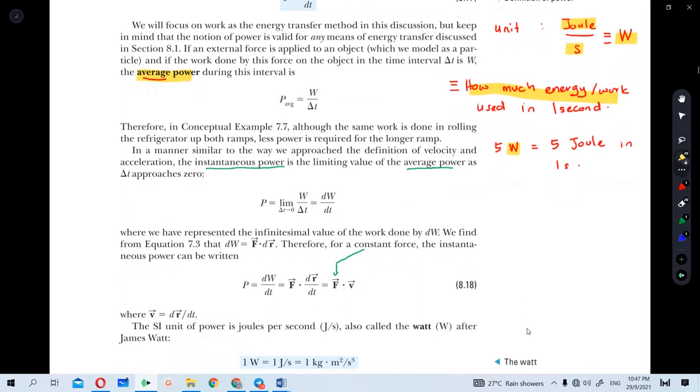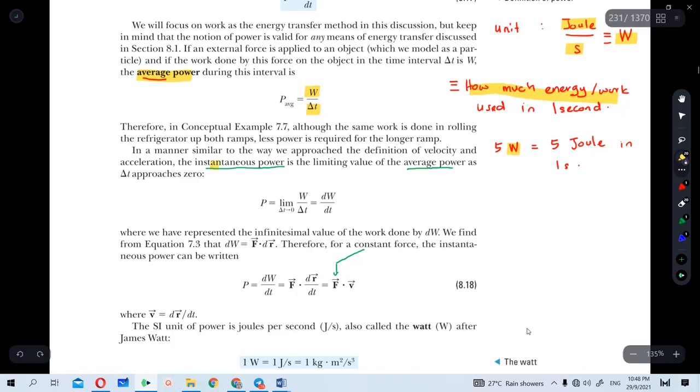Alright, so you can see here by the expression, the average power can be calculated with the amount of work divided by the time.